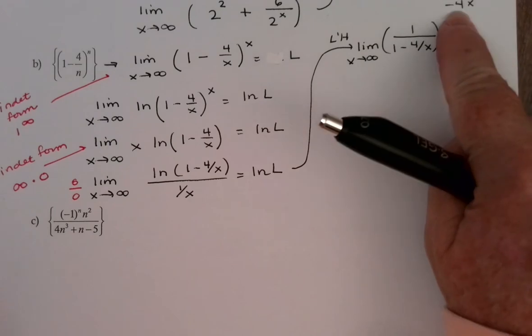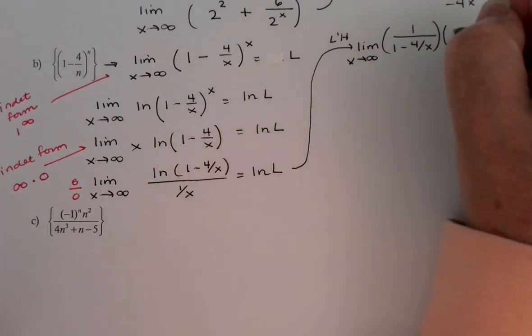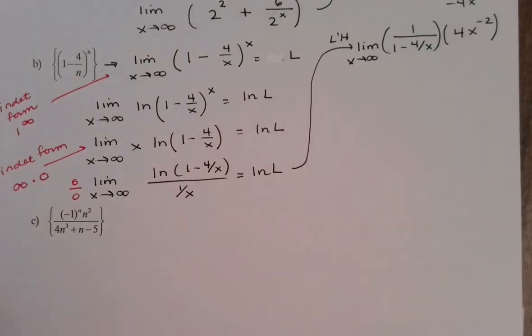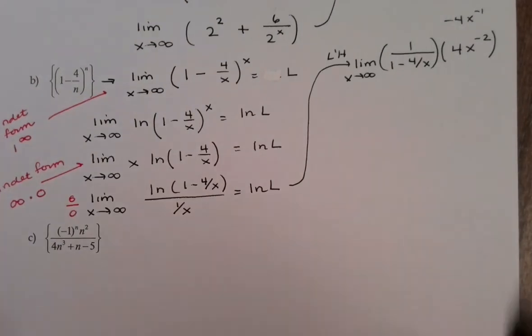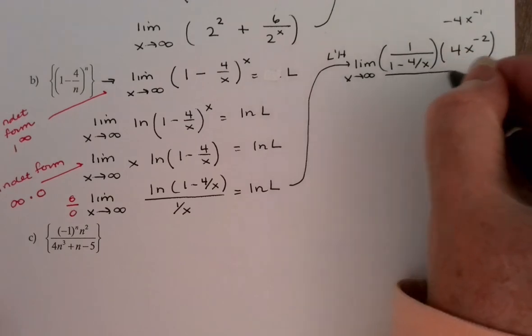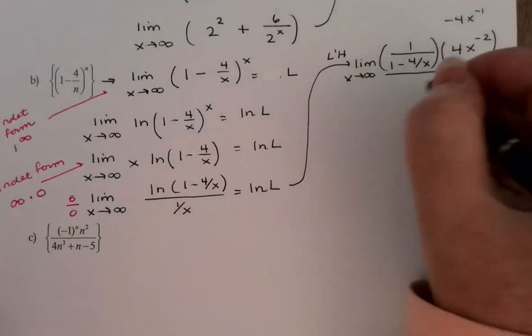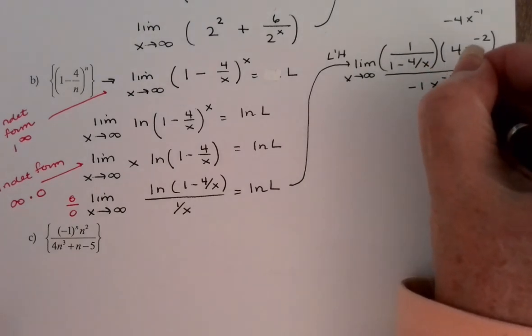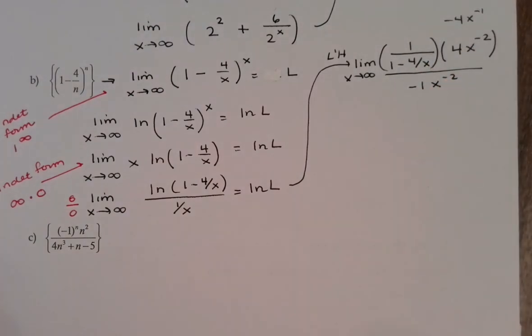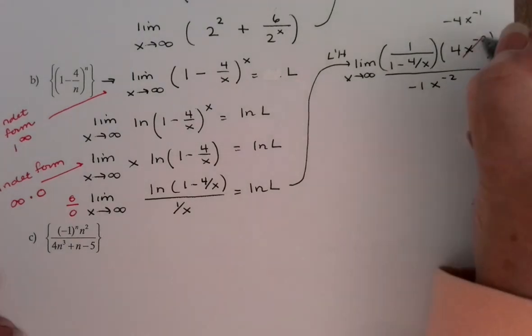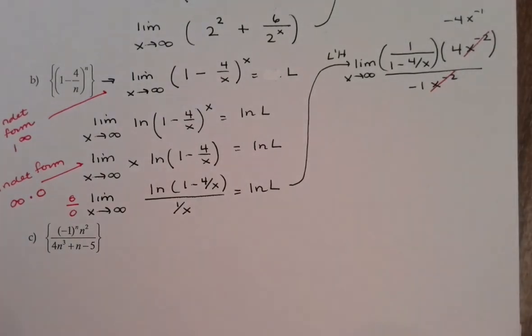So when I do my power rule here, I would have a positive 4x to the minus 2. On the bottom, think of that as an x to the minus first. So I'd have negative 1 x to the minus 2. That's some good news because I can now divide out the x to the minus 2's.